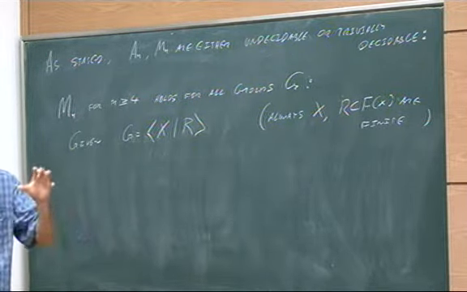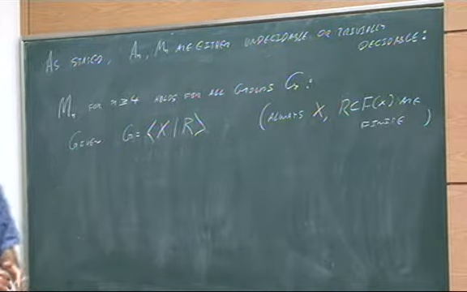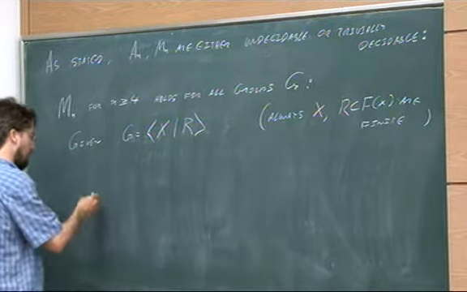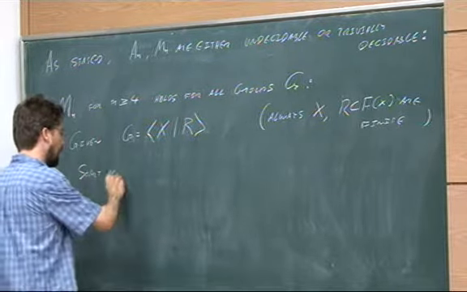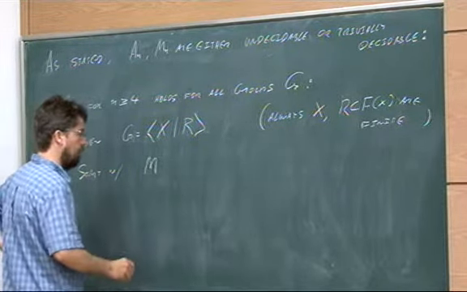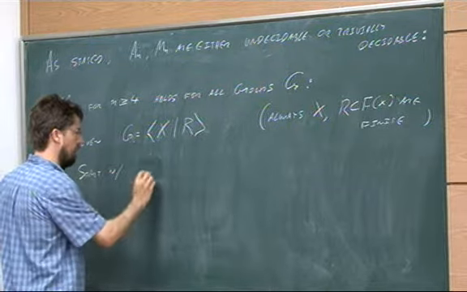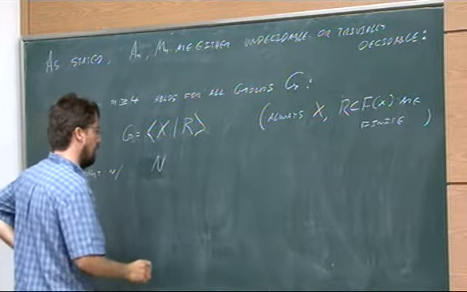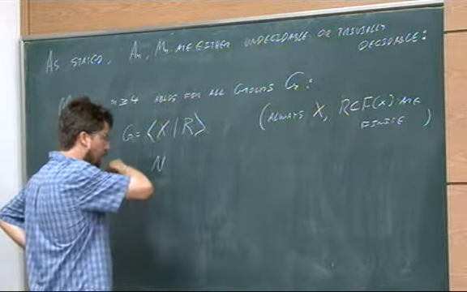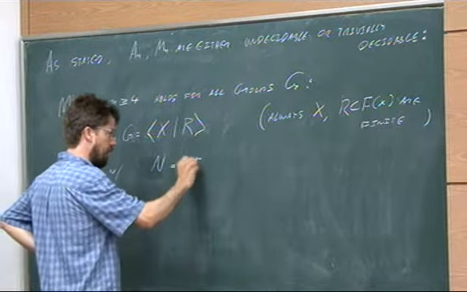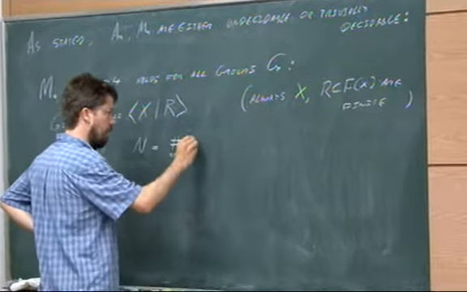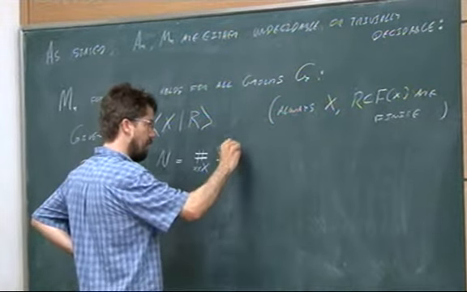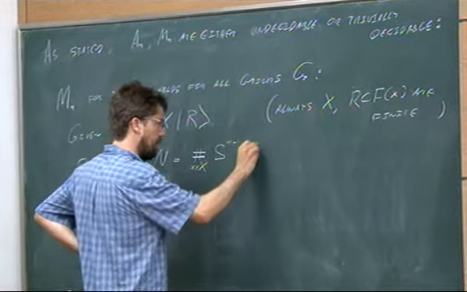And now I can take a connect sum of a bunch of those. So we're going to start with a manifold, let's call it N, which is just a connect sum over the generators of copies of S^(n-1) times S^1.